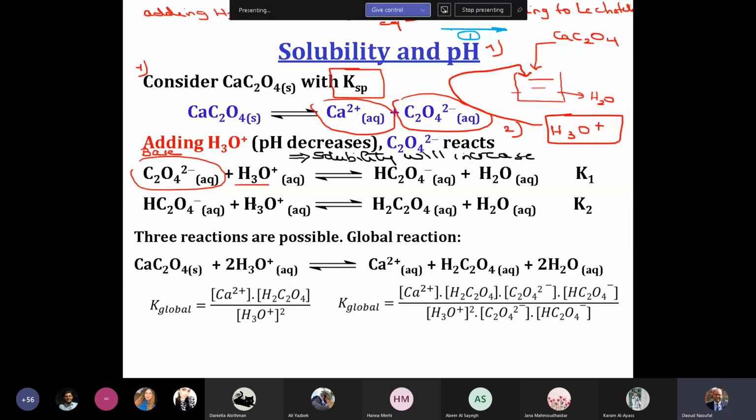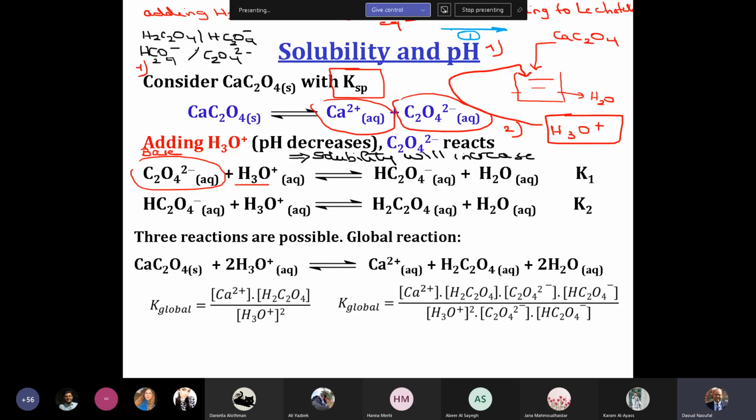So C2O4 2- will react with H+ to give HC2O4- and H2O, and also HC2O4-, which is a base in the second couple. We have two couples, H2C2O4/HC2O4- and HC2O4-/C2O4 2-.